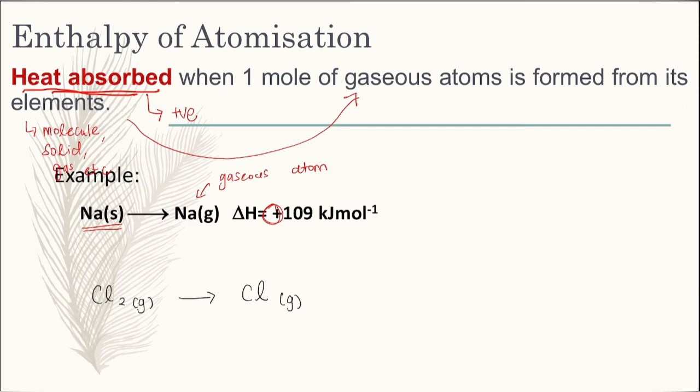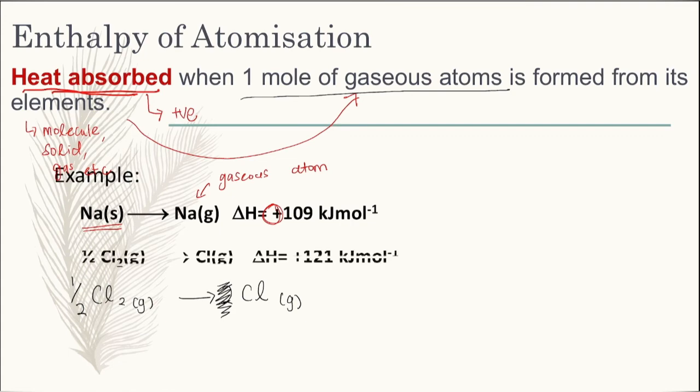Remember, you cannot balance the equation by adding 2 mole of Cl here because in the definition it is stated that 1 mole of gaseous atom is formed from its element. So, what you can do is balance the equation by adding half Cl2 at the front of the equation, which will produce only 1 mole of chlorine gas atom.